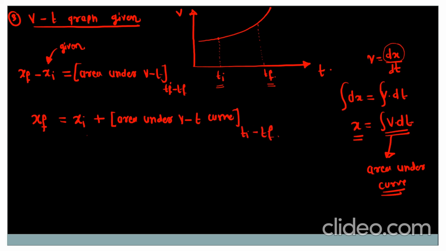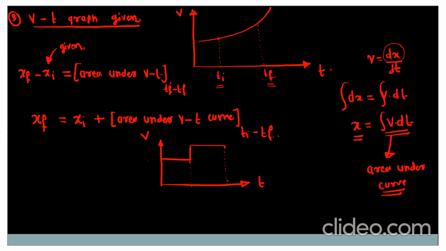Okay, so we will understand with the help of a simple example. Suppose we have the graph like this for velocity time.